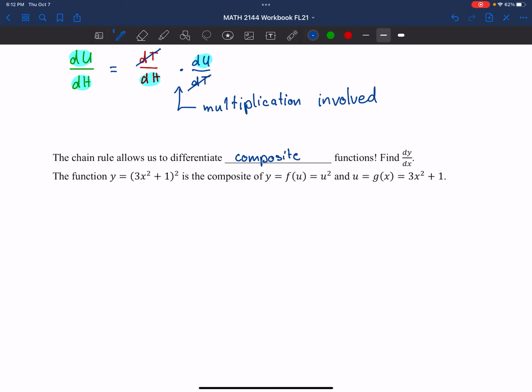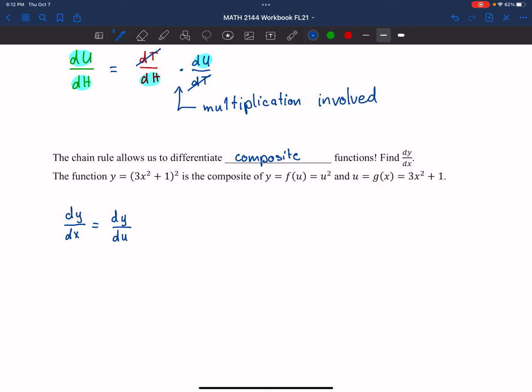So in the following example, we're asked to go ahead and find dy dx. Considering this as the derivative of y with respect to x, with that same principle as above, we're going to consider dy, the derivative of y with respect to some u, where u is going to be the inner function.